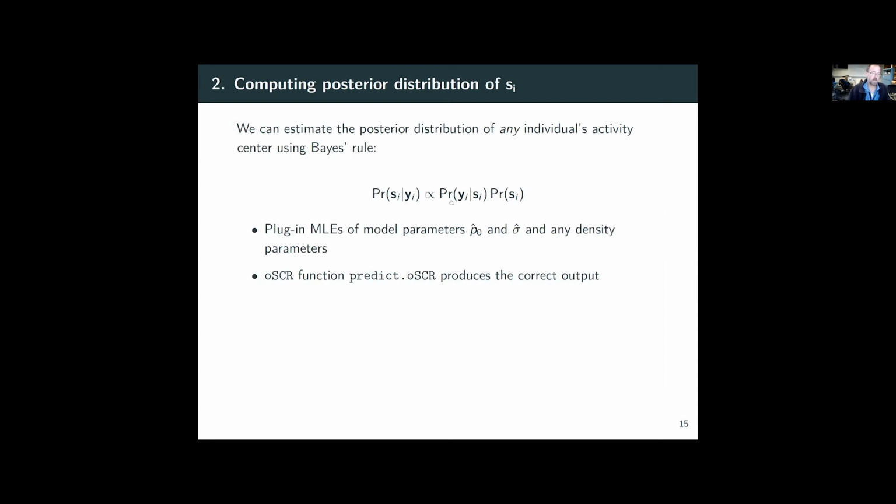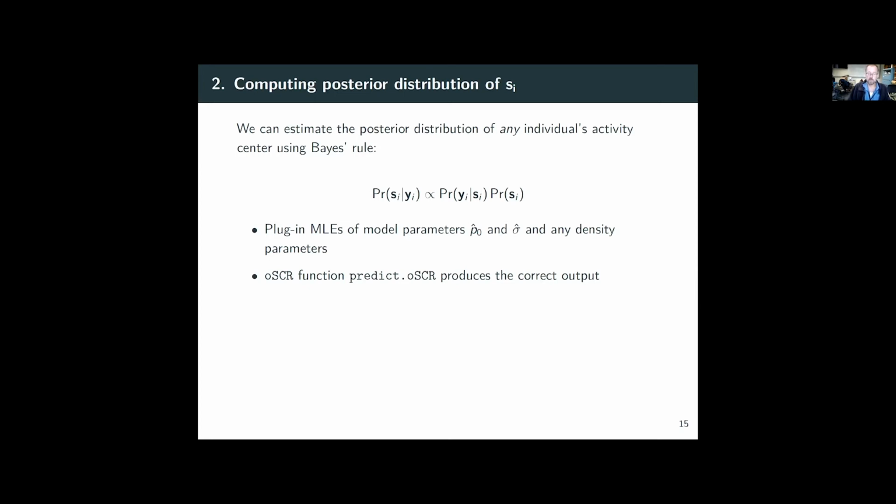Okay, what I want to talk about now is estimating these individual point locations, things that we called activity centers or home range centers yesterday. In the SCR model, these are latent variables, so we don't observe them. We have to put a distribution on them.